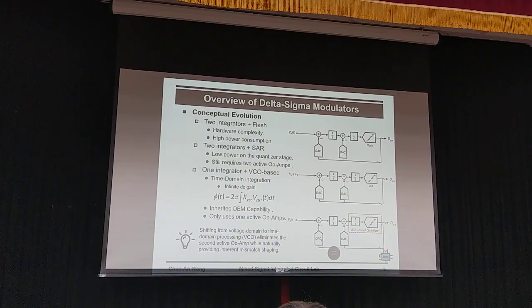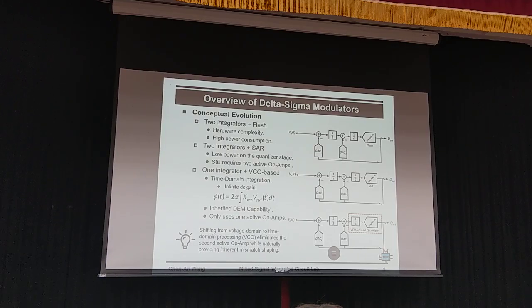Consequently, recent research has shifted toward the VCO-based architecture. By leveraging the physical property of the VCO, where the output phase is continuously accumulated in the time domain and inherently provides infinite DC gain, we can directly replace the second-stage analog integrator.